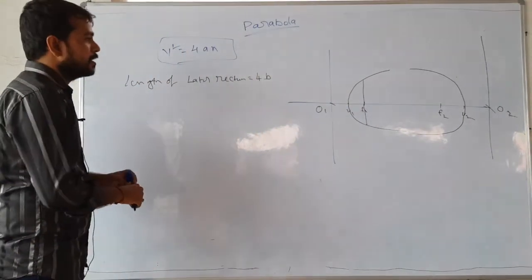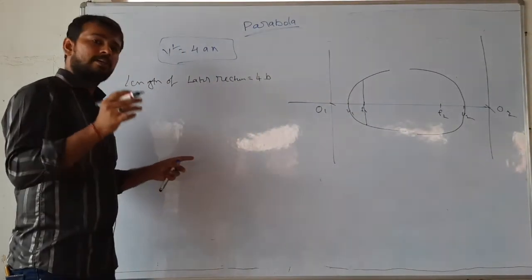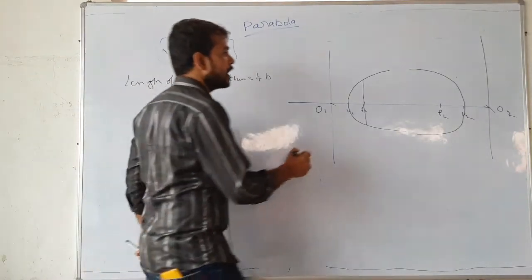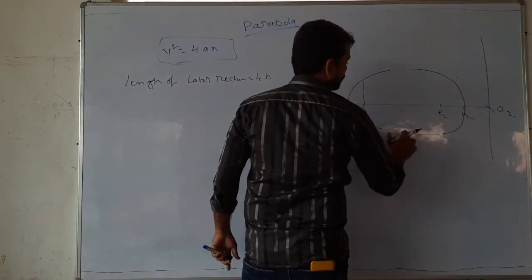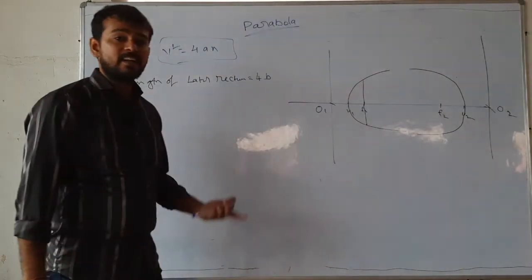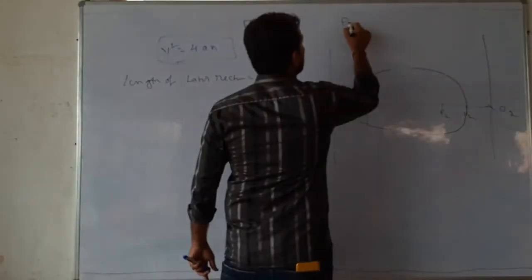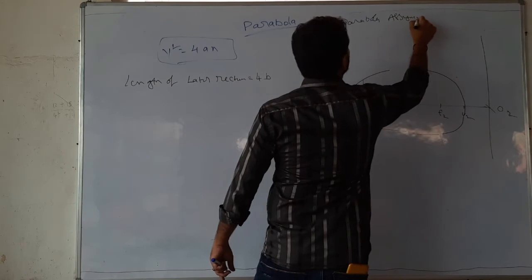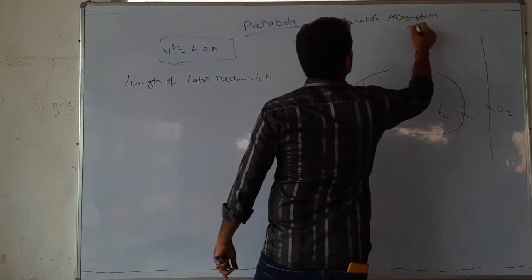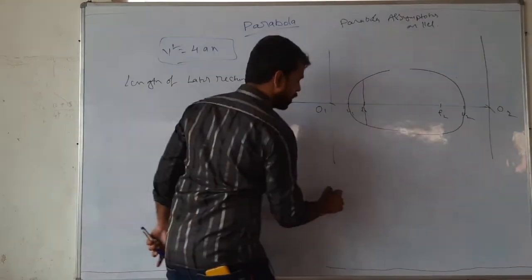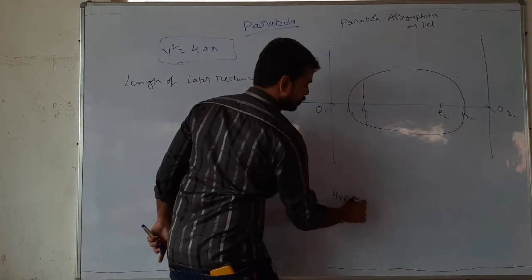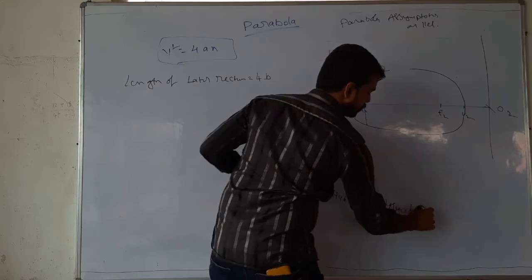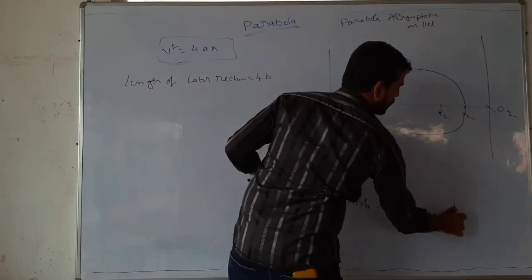Okay, and for parabola there will be asymptotes, and for hyperbola also there will be asymptotes, but in parabola the asymptotes are parallel with each other, but in hyperbola the asymptotes are perpendicular.